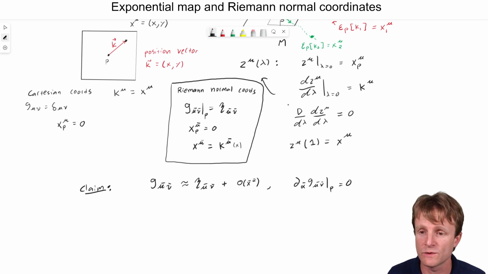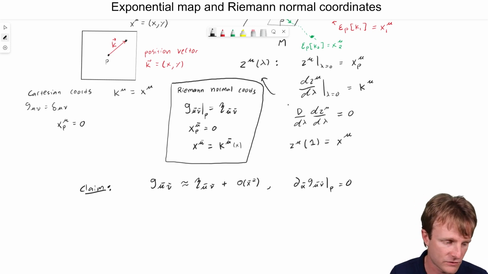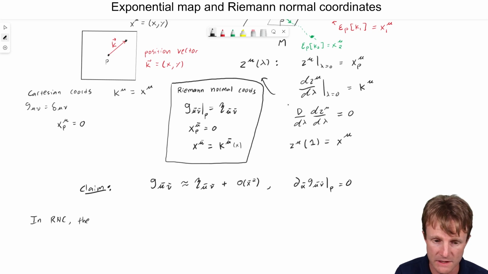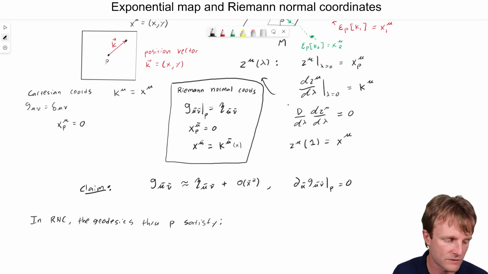The first thing I'm going to do is rewrite some of these equations for the Riemann normal coordinates and the exponential map and collect them together. So in Riemann normal coordinates, the geodesics of the exponential map, the ones through P, satisfy the following equations.